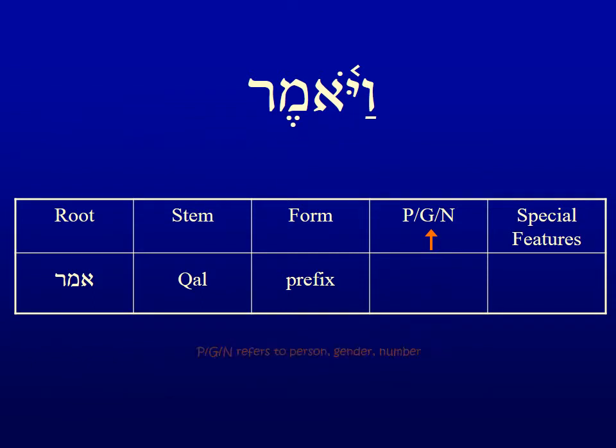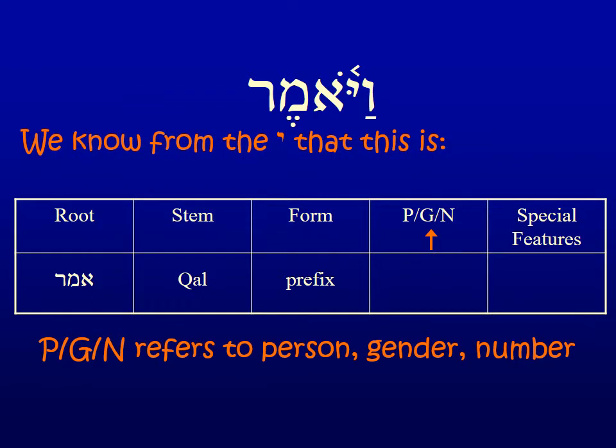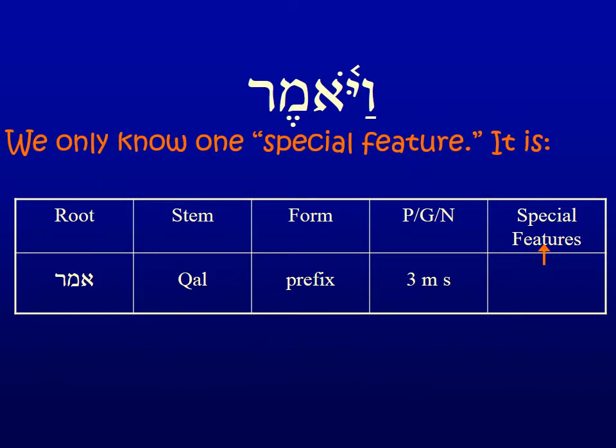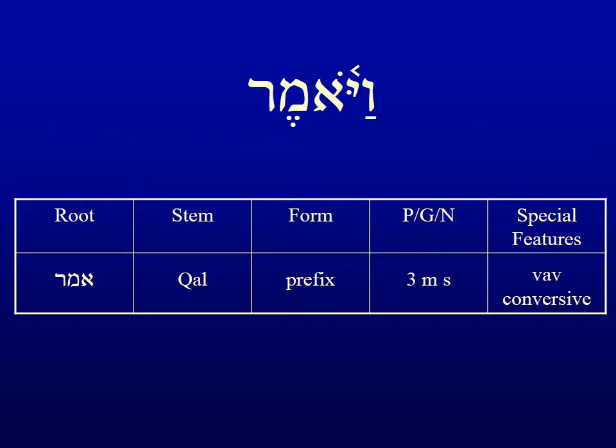You know that the yod indicates that this verb is third person, masculine singular, that is he. And then special features, you only know one special feature right now, and it is the vav conversive, indicated here by the vav, the patach, and the doubling of the yod. So this is a complete parsing of this verb. It is the kal prefix third masculine singular of amar, and it's a vav conversive.